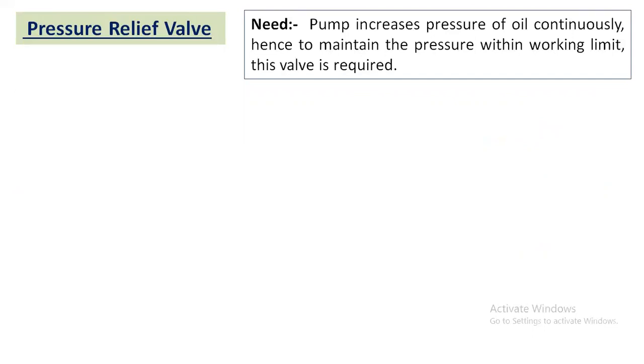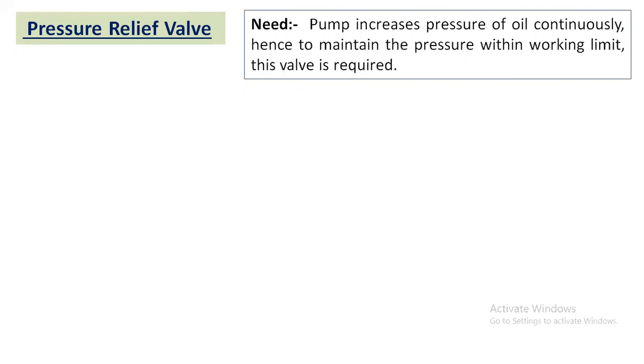Next, pressure relief valve. Because the pump goes on pumping the oil inside the system, the pressure goes on increasing. But we need up to a definite amount of pressure. So if the pressure is increased above the required level, then it needs to be decreased.